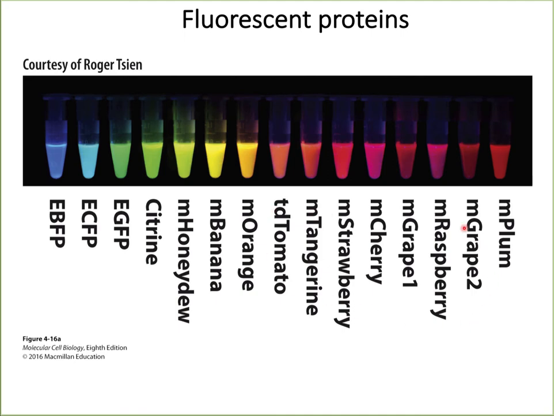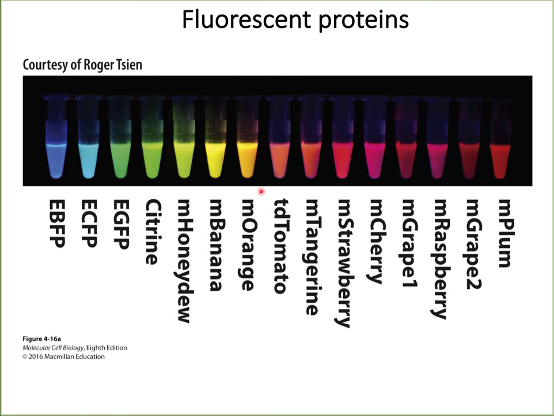These are engineered proteins, and they fluoresce at all different wavelengths, so their emission wavelengths are all different. The proteins can be labeled and visualized in living cells over time by using recombinant DNA technology to make fusion proteins with naturally fluorescing proteins, such as green fluorescent protein or any of these.